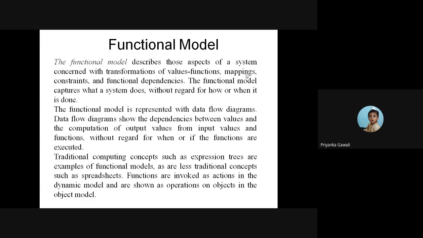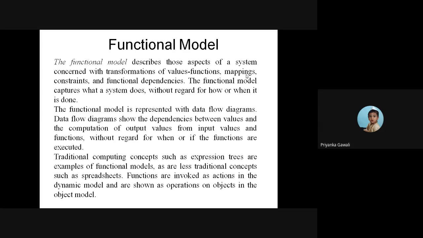The data flow diagram shows the dependencies between values and the computation of output values from input values and functions, without regard for when or if the functions are executed. Traditional computing concepts such as expression trees are examples of functional models, as are less traditional concepts such as spreadsheets.